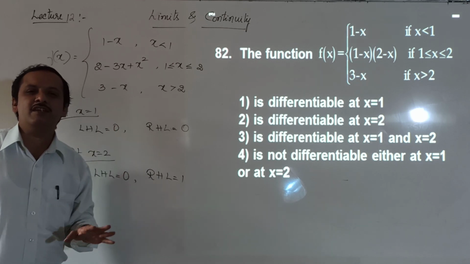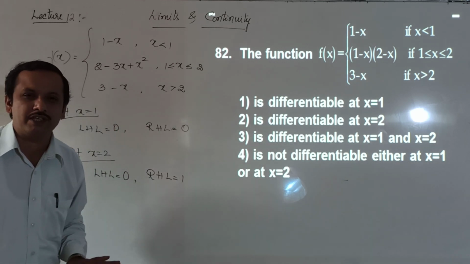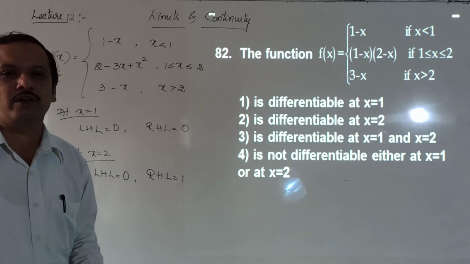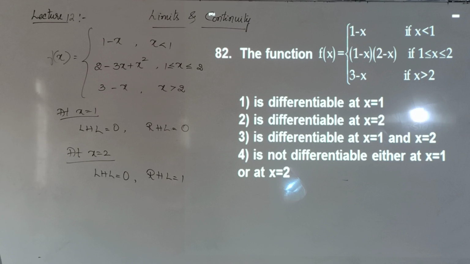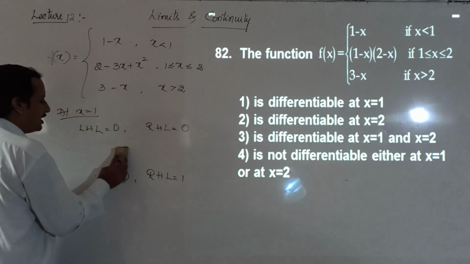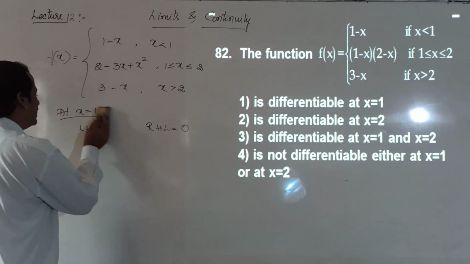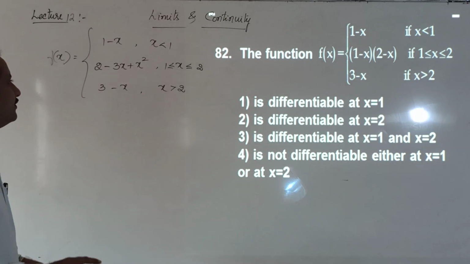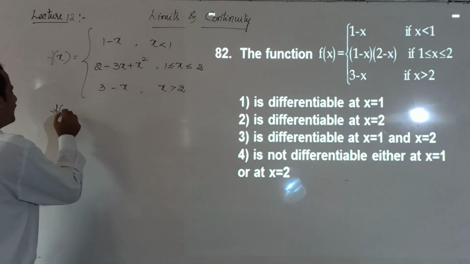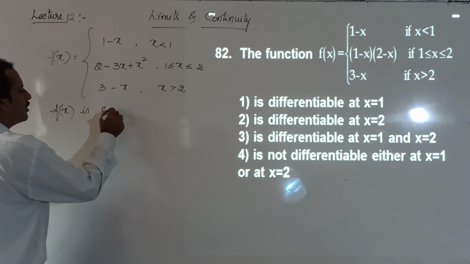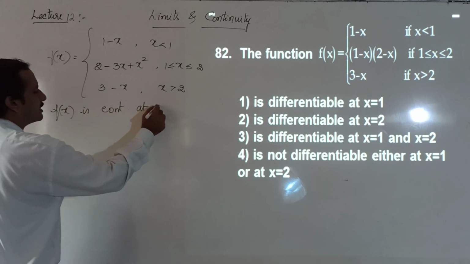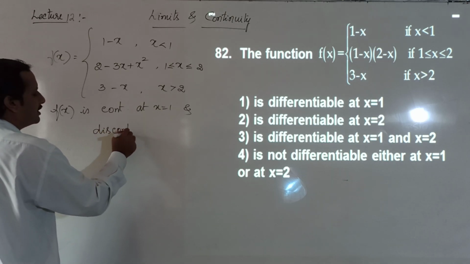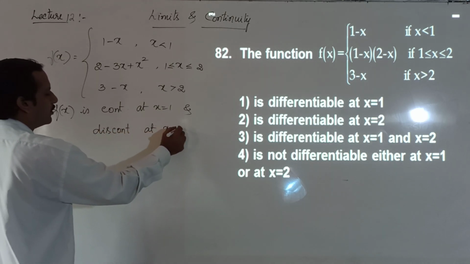So if it is discontinuous at 2, clearly it is not differentiable at 2. So no need to check whether it is differentiable or not at x equal to 2. We only need to check what happens at 1. From this we have seen that f of x is continuous at x equal to 1 and discontinuous at x equal to 2.